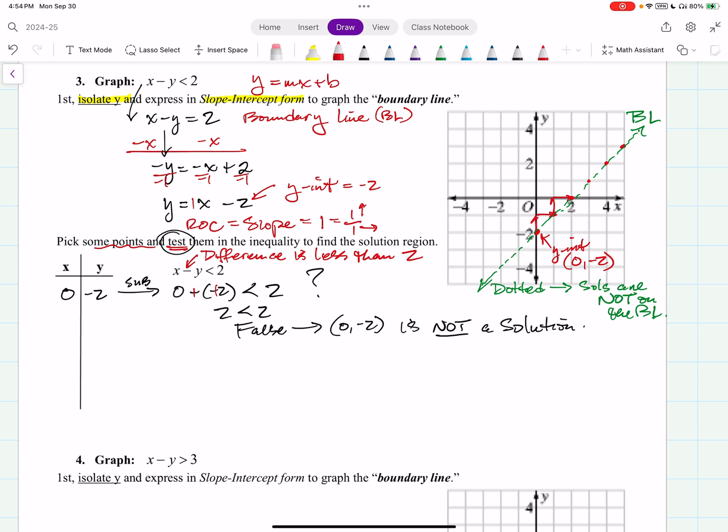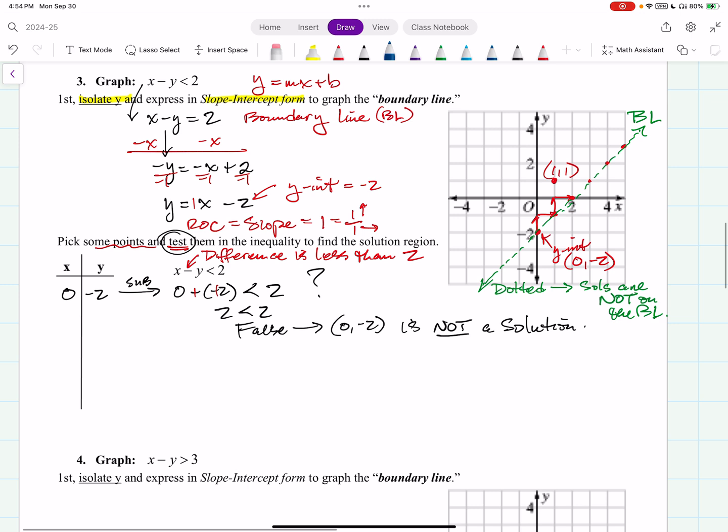So how about, let's pick a point above the line. How about (1, 1) here? Let's test it. If (1, 1) is a solution, then we're going to shade above. If it's not, the solutions are below.